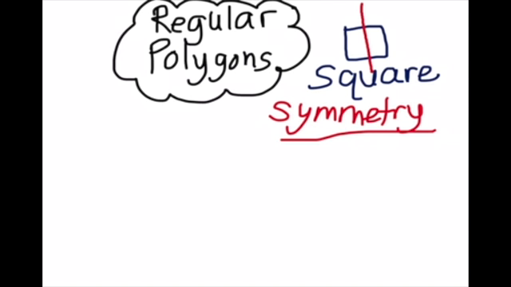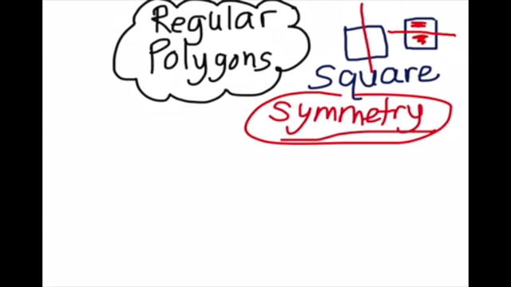I could also cut the shape in half the other way, right? Going horizontally. So that means they are both the same on the first half as they are on the second half. They have a line of symmetry, and that's what else makes this a regular polygon.